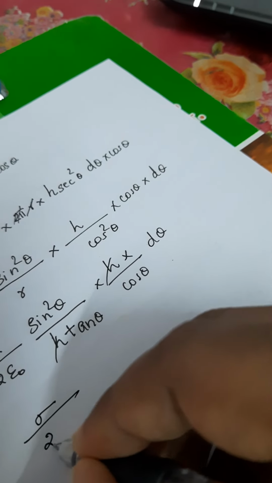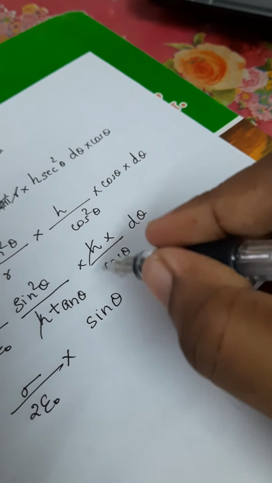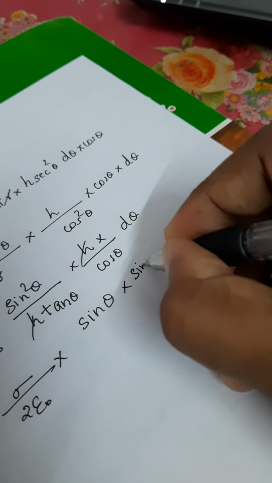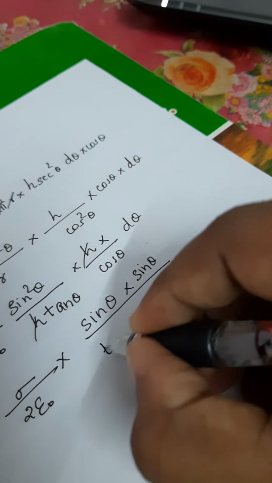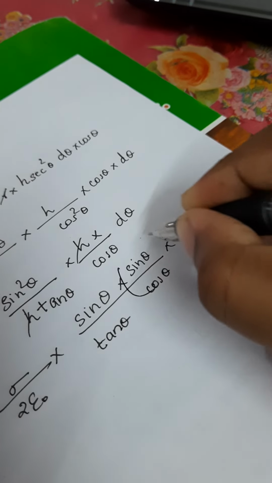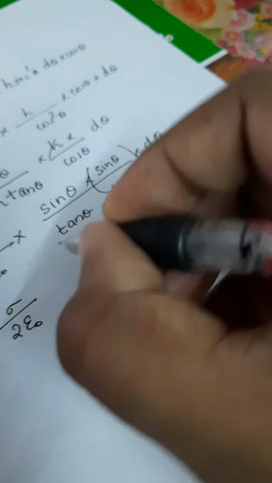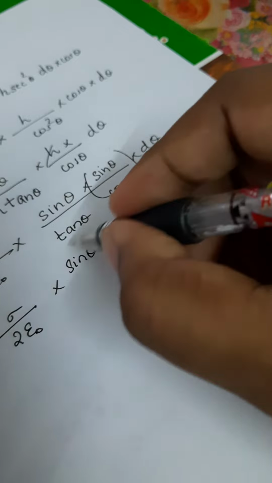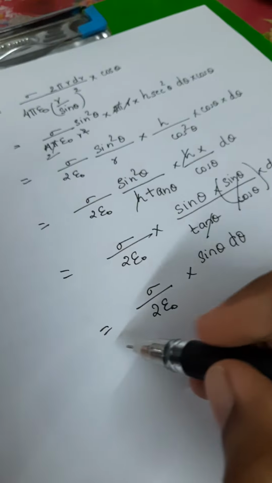So again sigma by 2 epsilon 0 into sin theta, with sin theta by cos theta, that is tan theta, appearing in both the numerator and denominator, so both cancel. So we get sigma by 2 epsilon 0 sin theta d theta. So this is only dE.